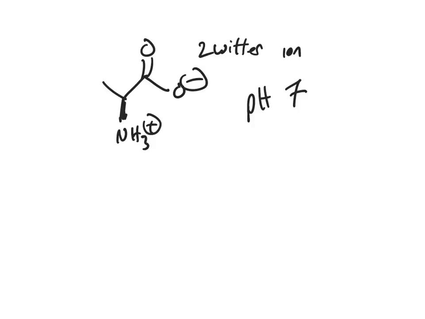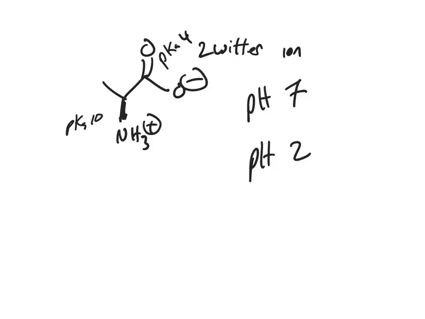So say we go to a more acidic solution. If we're in a pH of 2 solution, if you remember, I'll write out the pKa's. This pKa is around 4. This one is around 10.